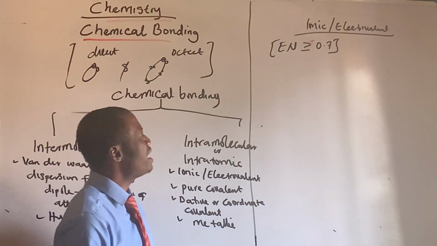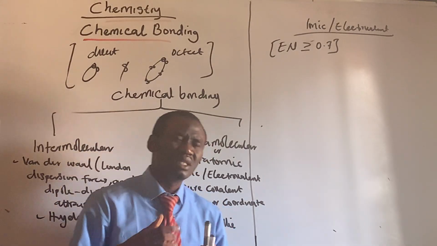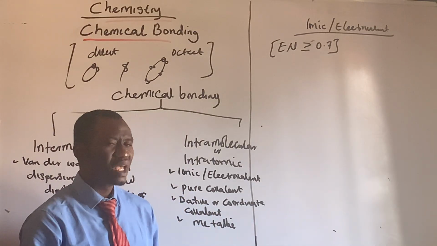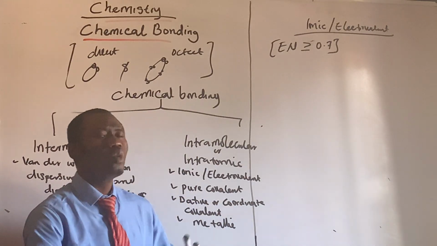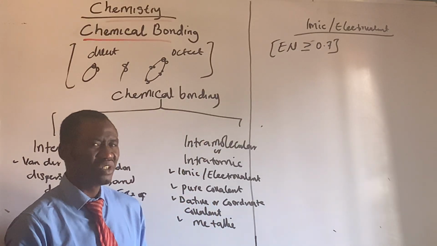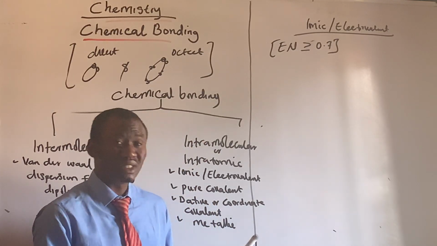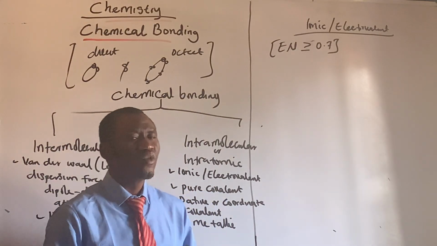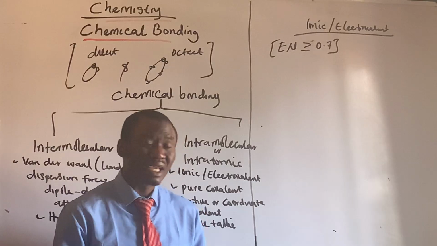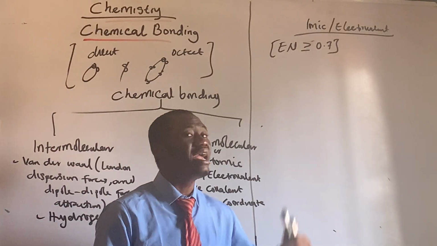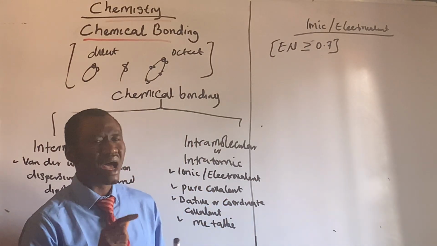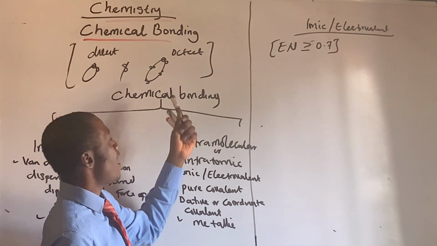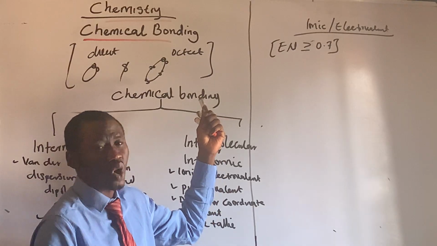What is happening here is that atoms of elements with lower electronegativity tend to donate or transfer electrons to atoms of elements which have higher electronegativity. Or you can simply put it that it is the transfer of an electron from a metallic atom to a non-metal in order to achieve stability, or to achieve the position of a noble gas.